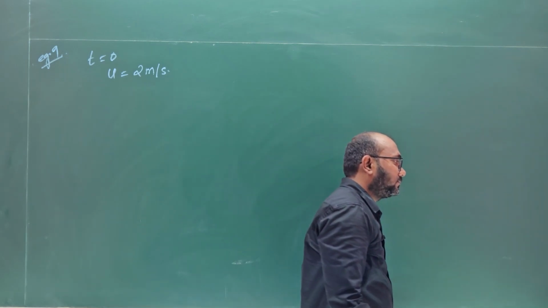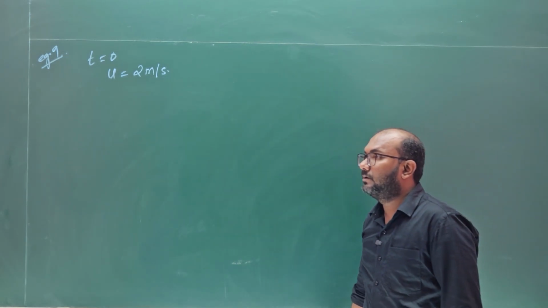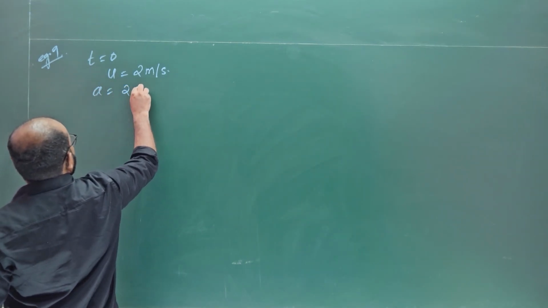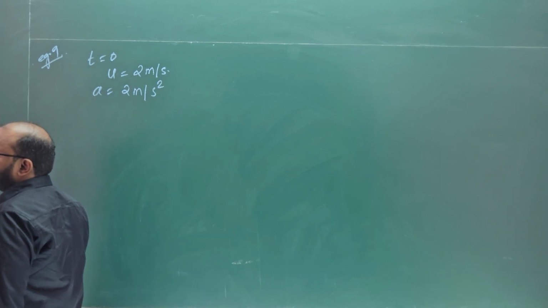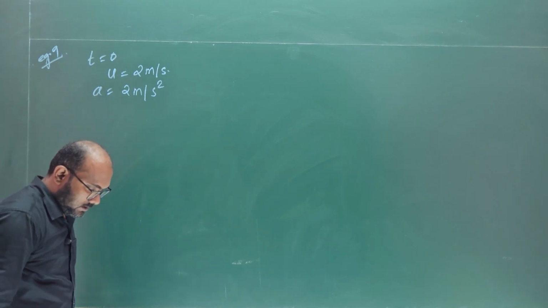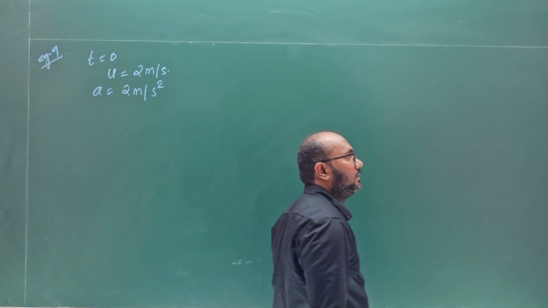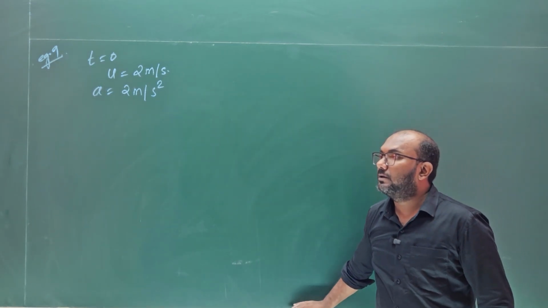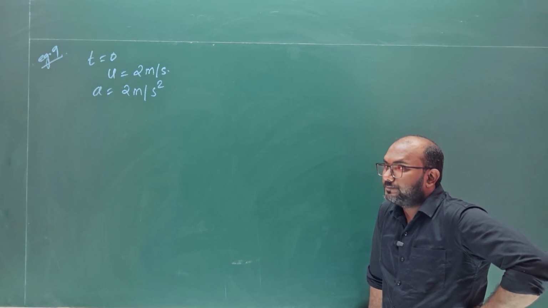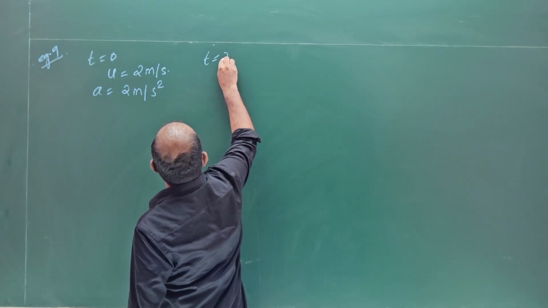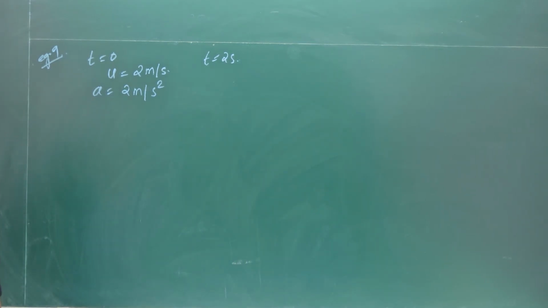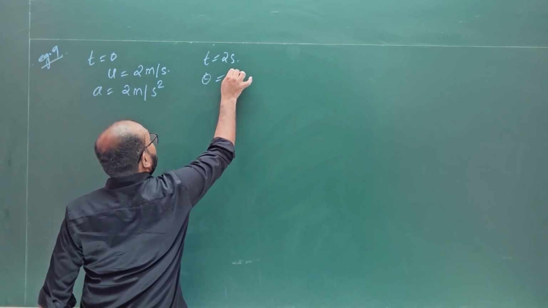The next, a constant acceleration of a is equal to 2 meter per square second acts on a particle for 2 seconds, at an angle of 60 degree.